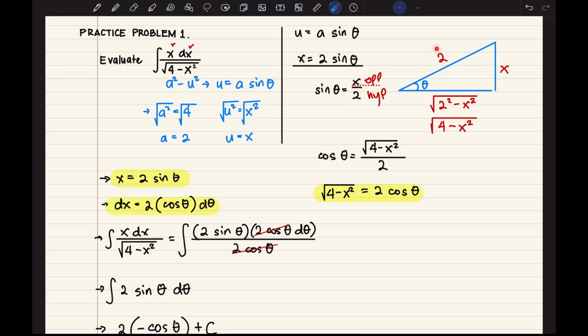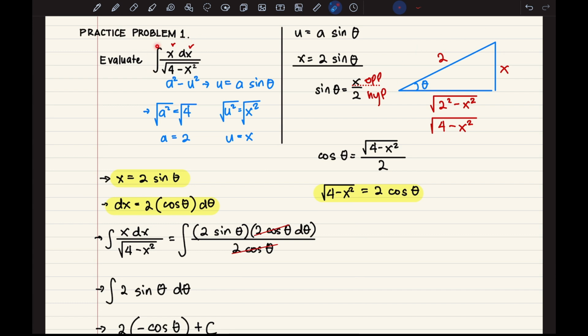If this is theta, by the Pythagorean theorem, this side is equal to the square root of 2 squared minus x squared. Simplifying, this side is equal to the square root of 4 minus x squared. So that is our right triangle.